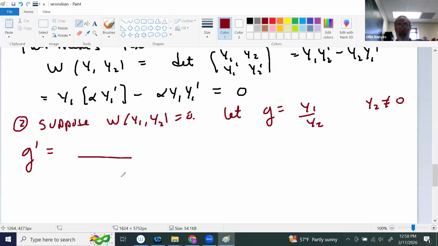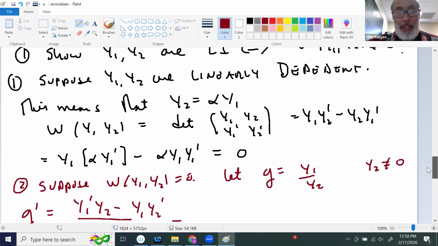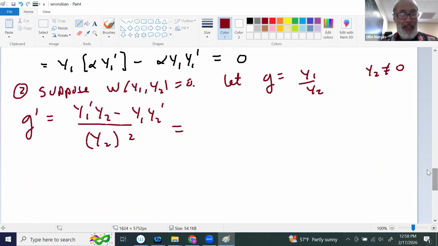As you good calculus students know, that's the square of the bottom, then it's going to be the derivative of the top times the bottom, minus the top times the derivative of the bottom. And you recognize what this is. Look at the top. The top looks just like the negative of the Wronskian. And it is. So the top is minus the Wronskian.